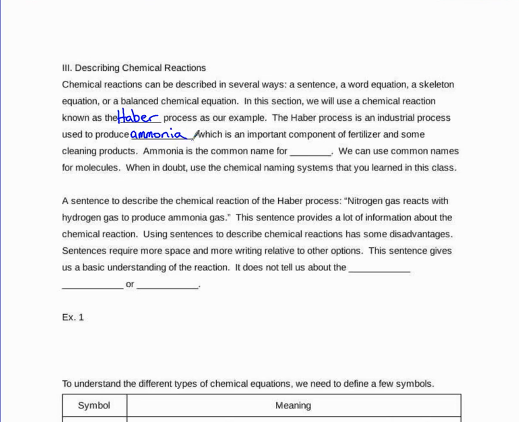Ammonia is an important component of fertilizer and some cleaning products like window cleaners. Ammonia is the common name for NH3. When we're talking about molecules, we can use common names, like H2O is water, NH3 is ammonia. When in doubt, use the chemical naming systems that you've learned in this class.